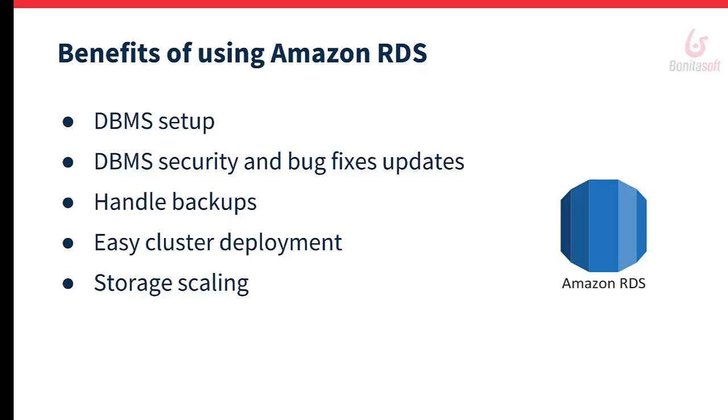They will also handle security and bug fixes for us. They will do all the needed updates, and as security becomes more and more of a concern nowadays, it's really helpful to have someone to rely on to make sure that our infrastructure is always up to date with the latest security fixes.